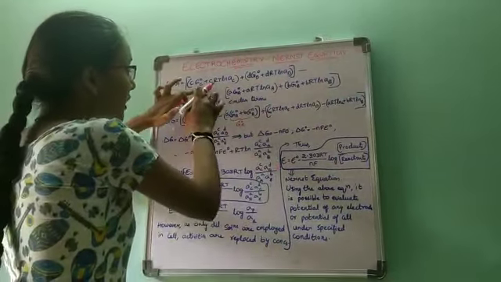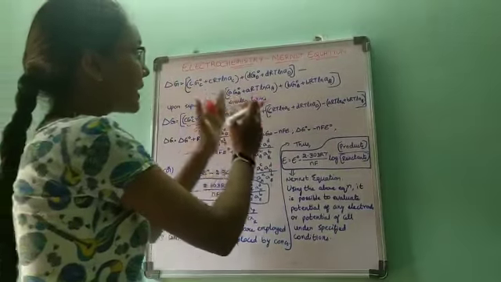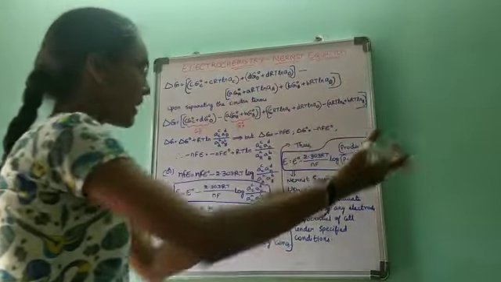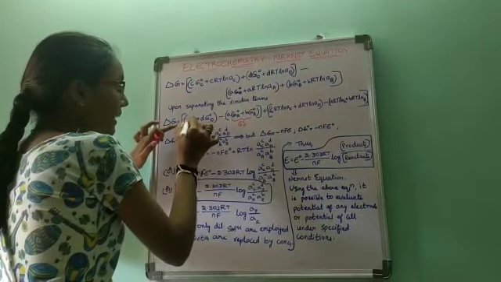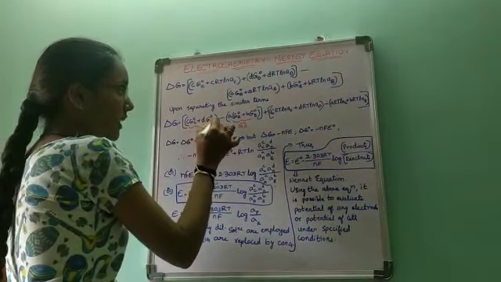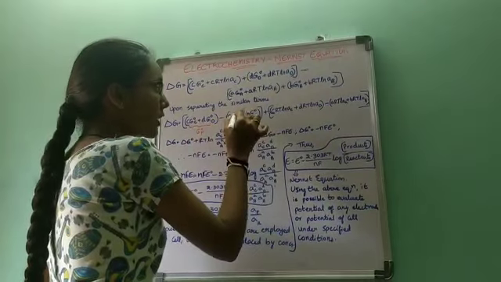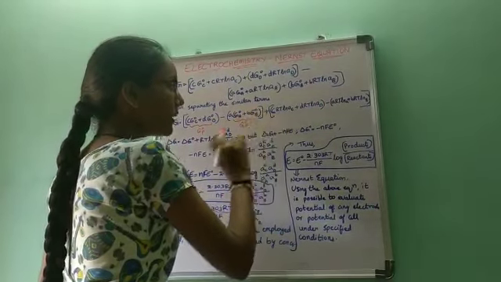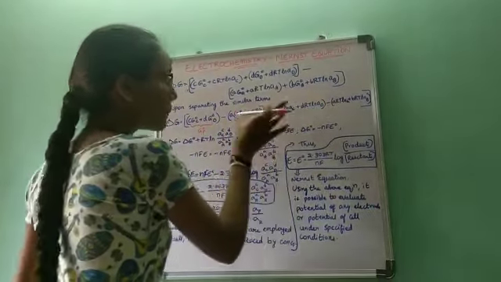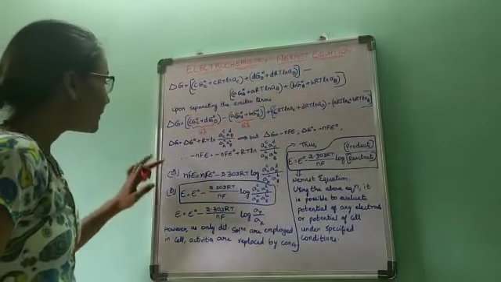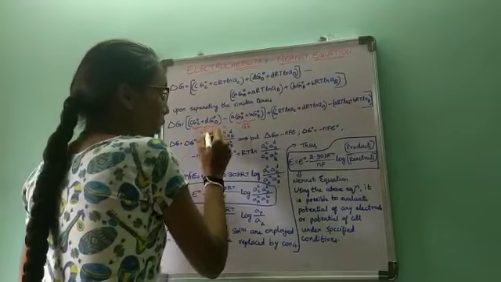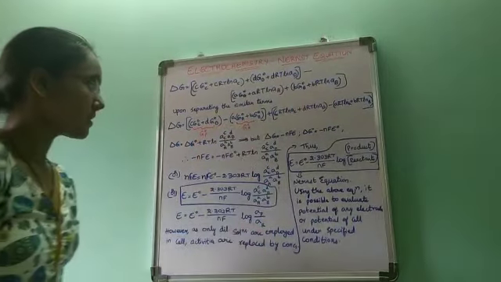So, the G naught terms come on one side and the RT ln terms are separated on the other side. So, delta G equals c G naught C plus d G naught D minus a G naught A plus b G naught B. Similar terms are separated on either side. These are G naught products and these are G naught reactants.